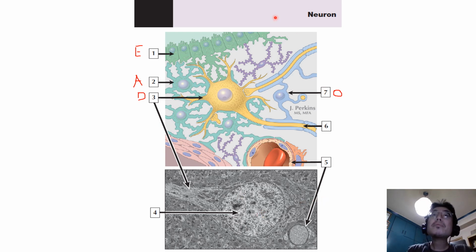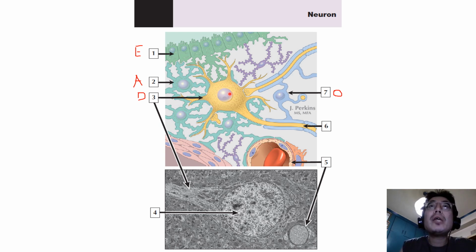The nucleus, such as this one, is usually spherical or ovoid, and its size is large relative to its surrounding perikaryon. Shown here is a schematic of the main types of cells in the brain and the electromicrograph of the same cerebral cortex, showing a neuron in the gray matter. Number 1 here is the ependyma, and 2 is an astrocyte. 3 is the dendrite of the neuron.